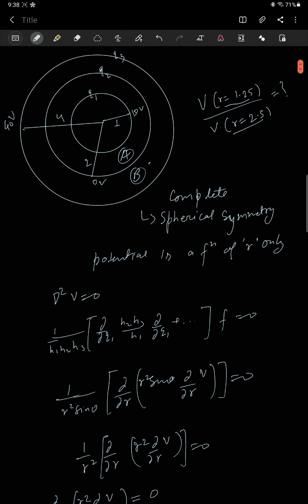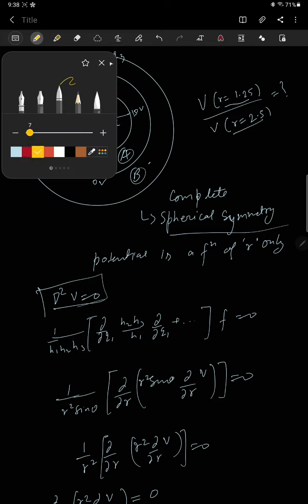So here the system has complete spherical symmetry. So that's why we are going to solve the Poisson equation.